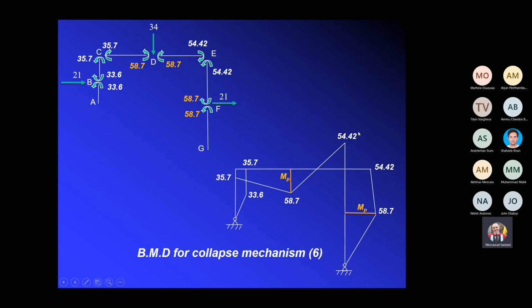I'm not asking you to do it. I think that's good enough. If you get to this stage where all the moments have been determined, okay? And that's the bending moment diagram for the frame, right? And that completes this problem, okay?